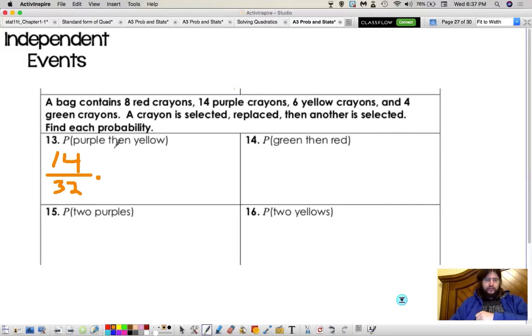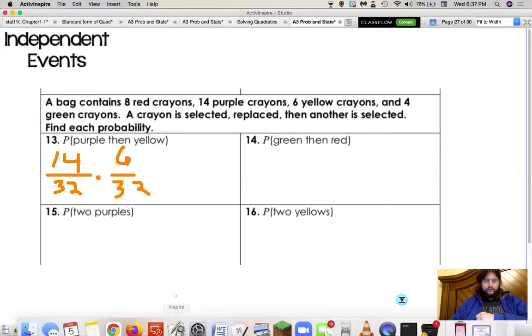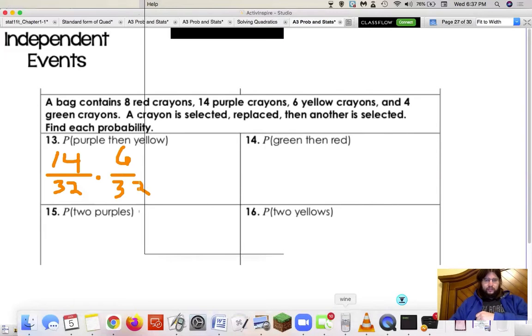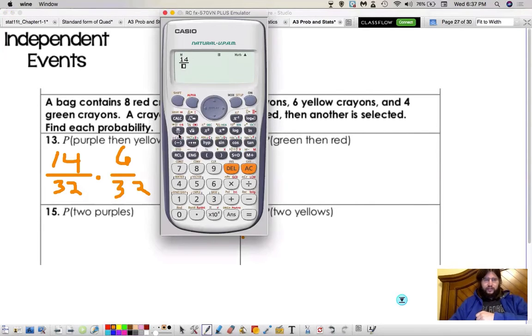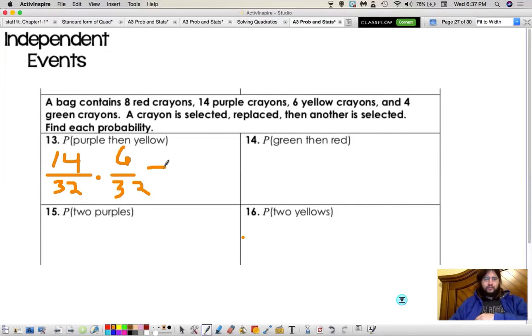Yellow, there's 6 of those. Still 32. So you're going to take your calculator: 14 out of 32 times 6 out of 32. And that gives us 21 out of 256. We're going to leave it just like that.